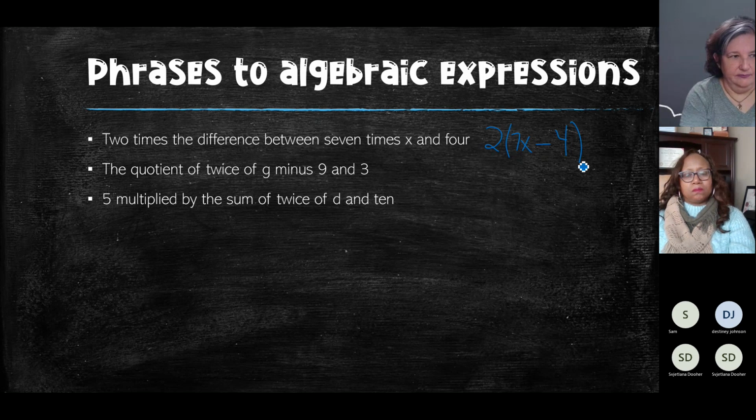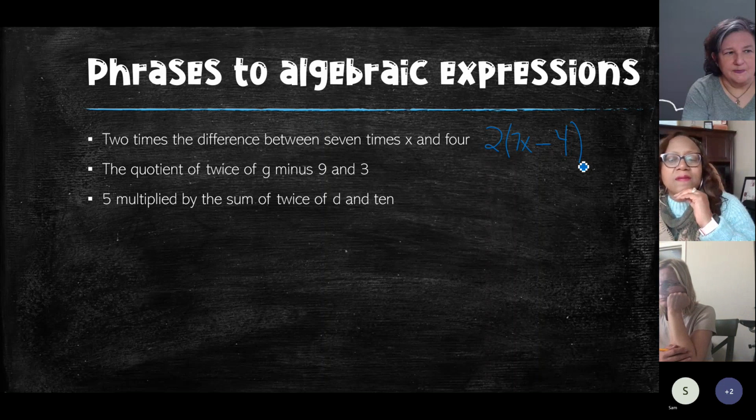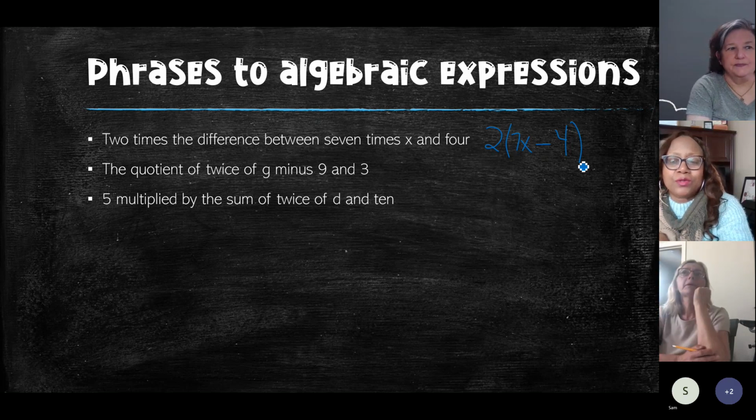Does that make sense? Yeah, it makes sense. Two times the difference between 7 times x and 4. That might have gotten me off a little bit. I might have tried to do 7x plus 4.